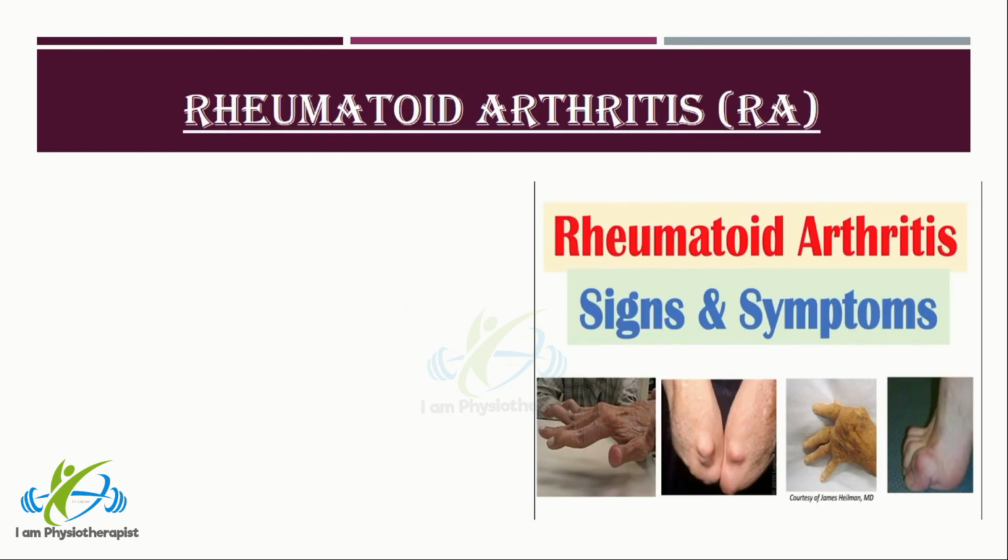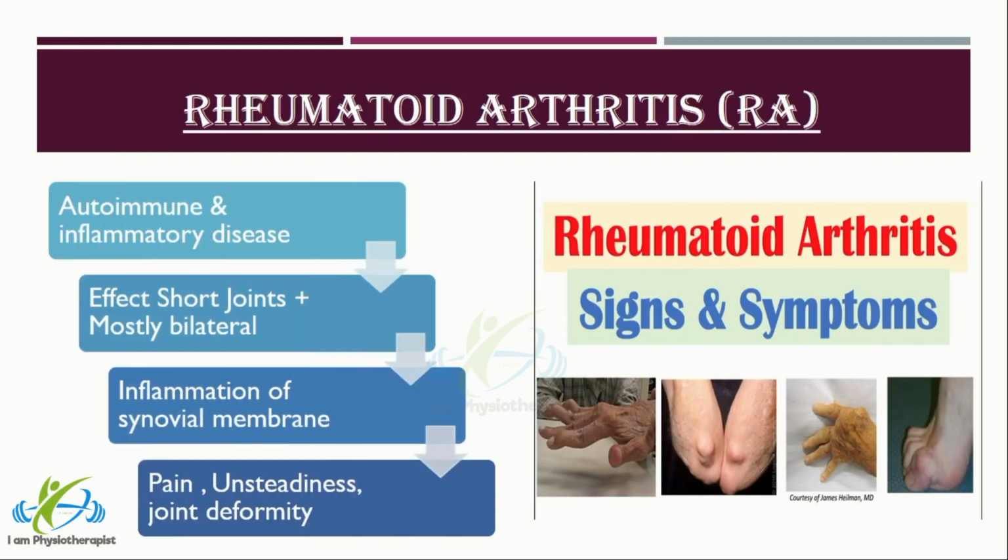Rheumatoid arthritis is an autoimmune and inflammatory disease, which means that the immune system attacks healthy cells in the body by mistake, causing pain and swelling in the affected parts of the body. Rheumatoid arthritis mainly attacks the joints, usually many joints at once.